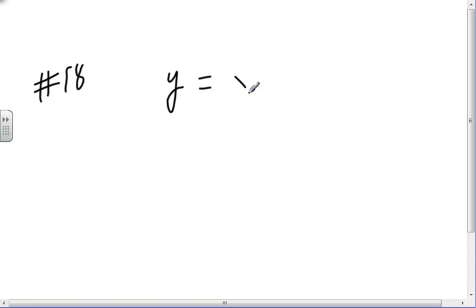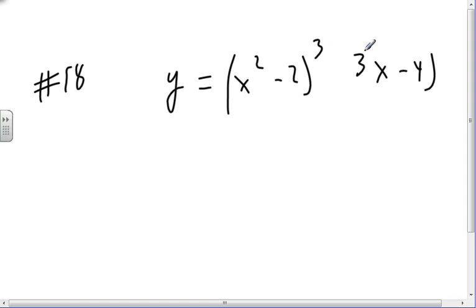y is (x squared minus 2) cubed times (3x minus 4) squared. Now, we could expand those and make it easier on ourselves, but we'd probably make a mistake doing it, right?